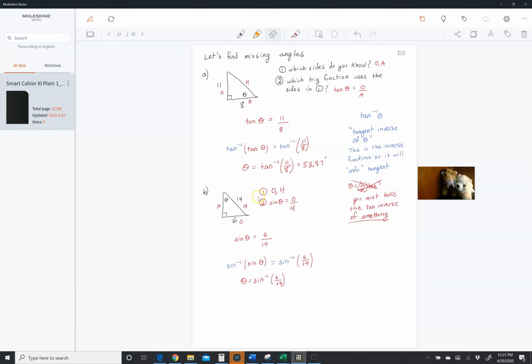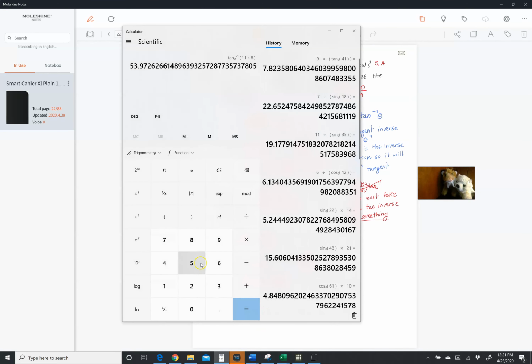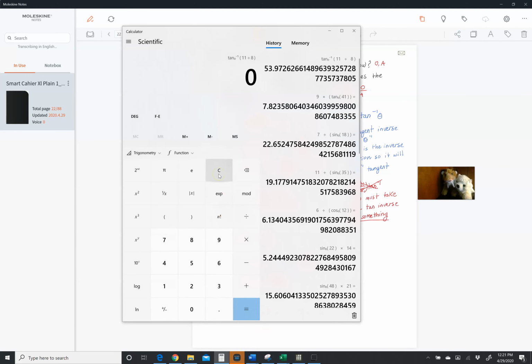Okay, so it is perfectly okay for you to go straight from here to here. Again, make sure sine inverse is in front of the 6 over 14. And then we go and we calculate it the way that we always have. 6 over 14 in parentheses. And then we're going to go, in this case, to trigonometry. In your case, it's just second on your calculator.